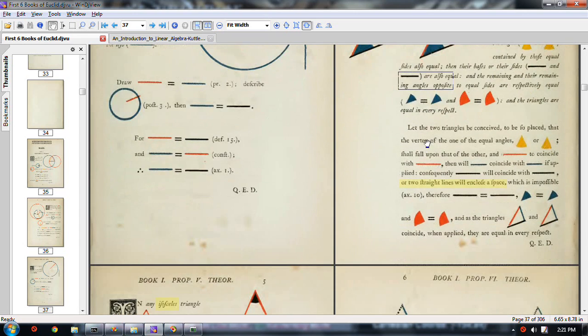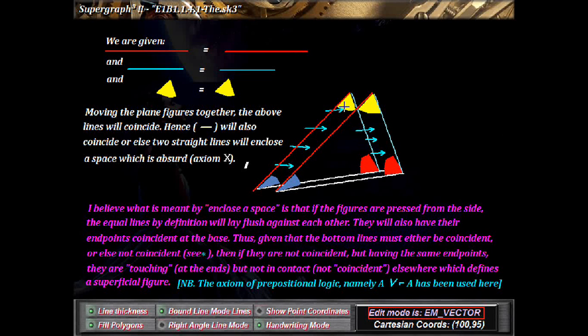Now the argument says, let the two triangles be conceived to be placed so that the vertex of one of the equal angles, yellow and yellow, right?